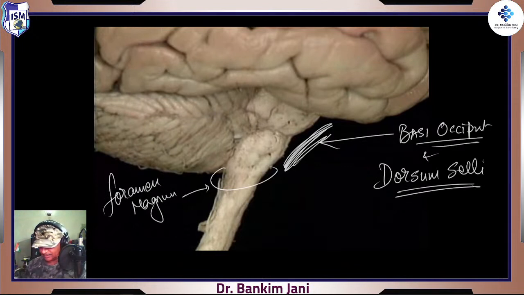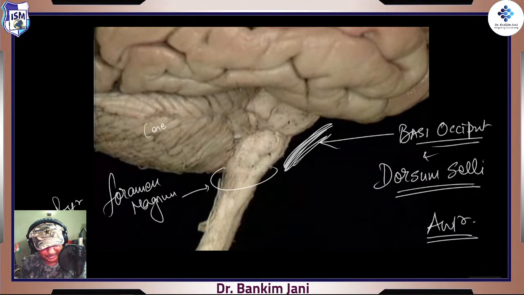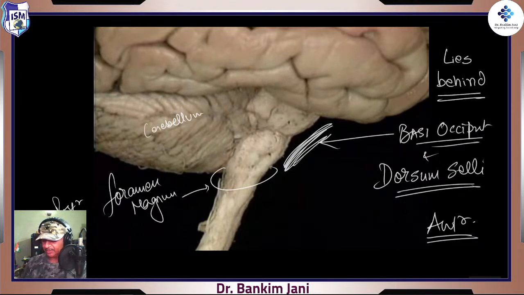So it means it is this portion which is anterior and this portion which is posterior, right? Fair enough. This is our cerebellum, right? And the cerebrum is above. So the point is that the brainstem lies behind the basi-occiput and sella turcica. So these structures will be right in front, right? Okay, moving further.